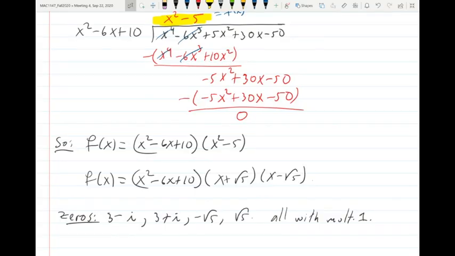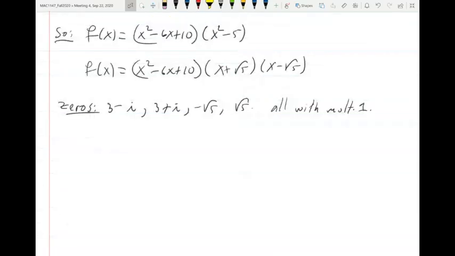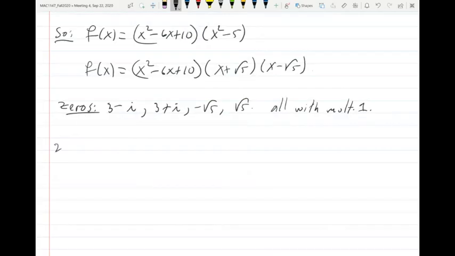Okay. All right. So that was that example. So let me do another one that you may find, or you may have been finding, in the homework. You should know how to do that. So let's see.